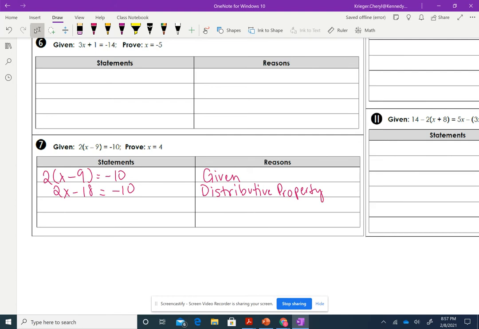Okay, so what's the next step? I want to solve for x, so I have to eliminate that negative 18. So the inverse operation will be to add 18 to both sides. That gives me 2x equals 8. Addition property.